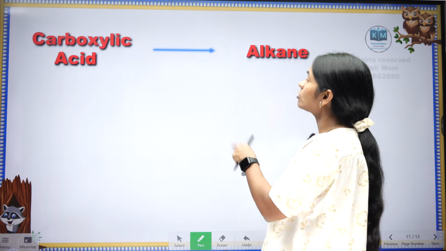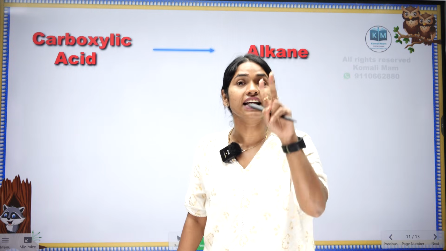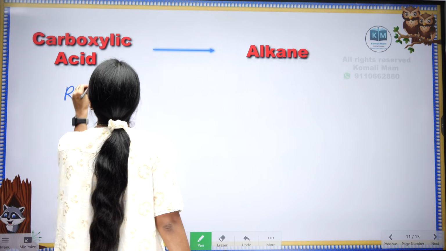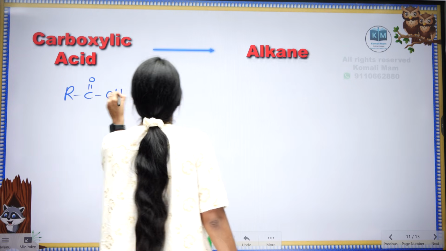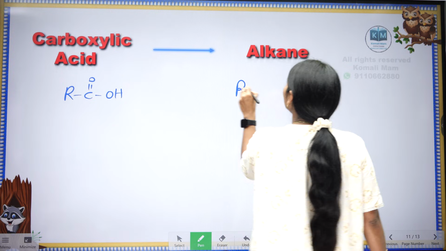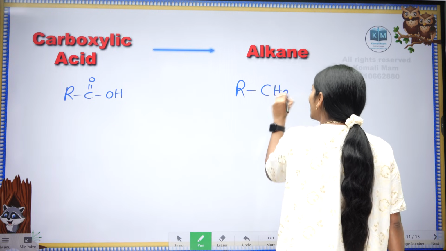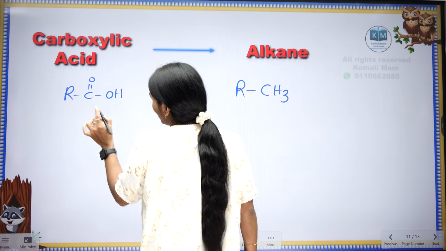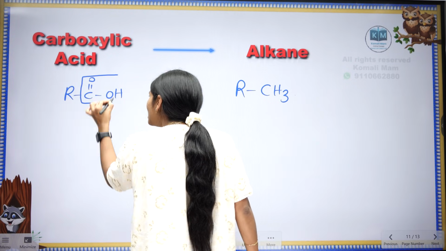Next, carboxylic acids we want to convert into alkanes. I have given you 2 reagents. What are those? RC double bond OH, this is carboxylic acid. I am going to convert it into alkane. In this case, there are 2 things. One is, you can remove this CO2.